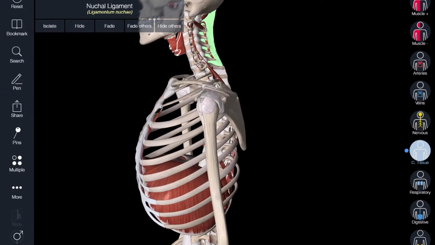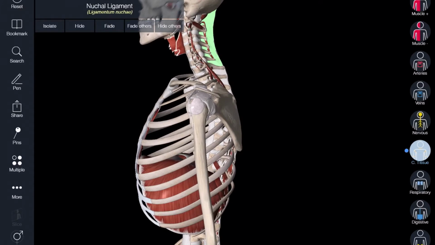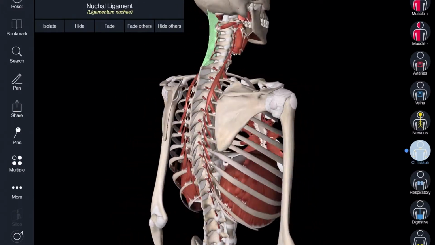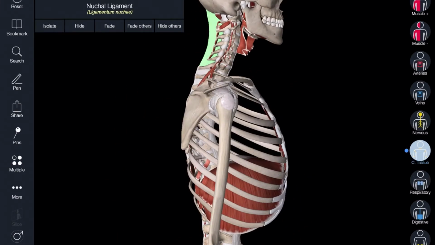Trapezius being a very superficial muscle, it has to attach to the most superficial attachments that there are. It can't go in deep to get to the bones that a lot of other muscles are attached to anyway. And so the nuchal ligament is kind of this helper tissue that gives the trapezius something to attach to.